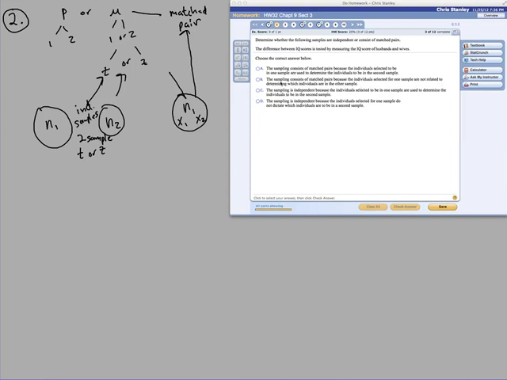Okay, if I'm looking at this second one, I know this isn't the answer, because in matched pairs the samples are related. If they were matched pairs, they would be related. And I know this isn't right, because this is the definition of dependent: the individuals selected in one sample are used to determine the individuals in the other. That would be dependent.